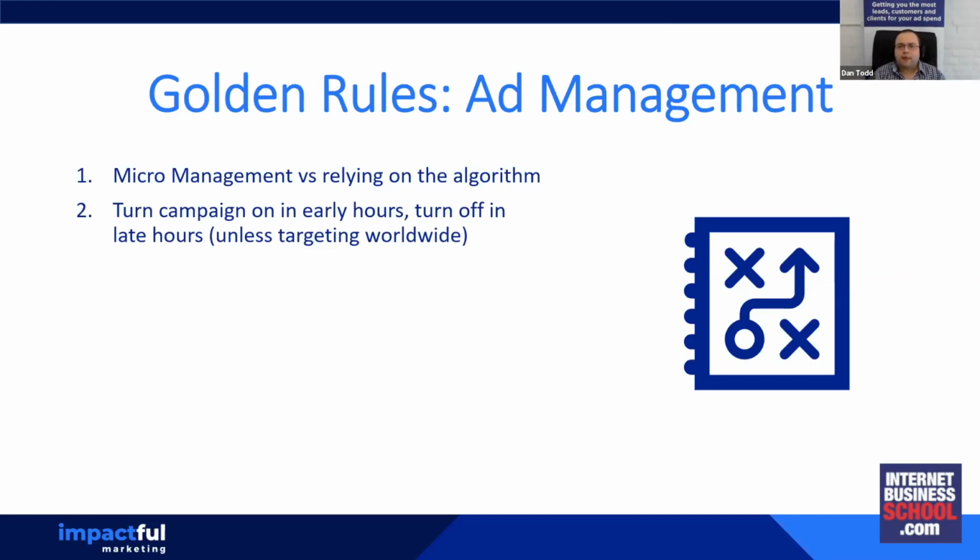That doesn't mean Facebook doesn't care, but you're basically programming it to spend that money regardless. So what we suggest is, turn it off in the late hours before you go to bed, turn it on in the early hours, so you're not wasting your budget overnight when your audience will not be taking action. But of course, it depends on your audience. But that is what we strongly recommend.